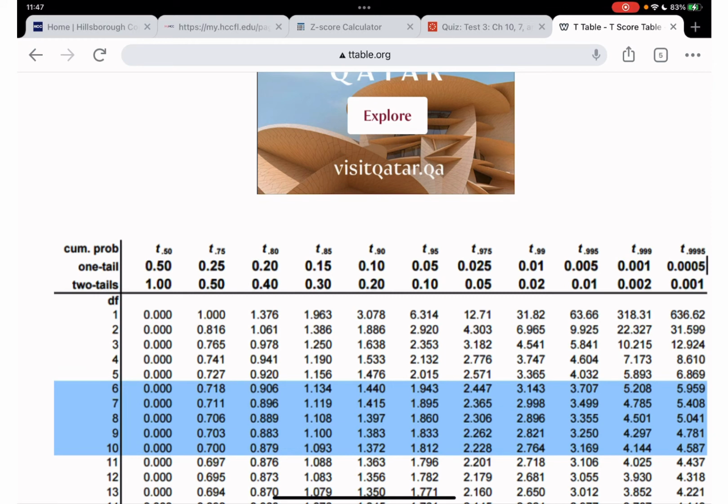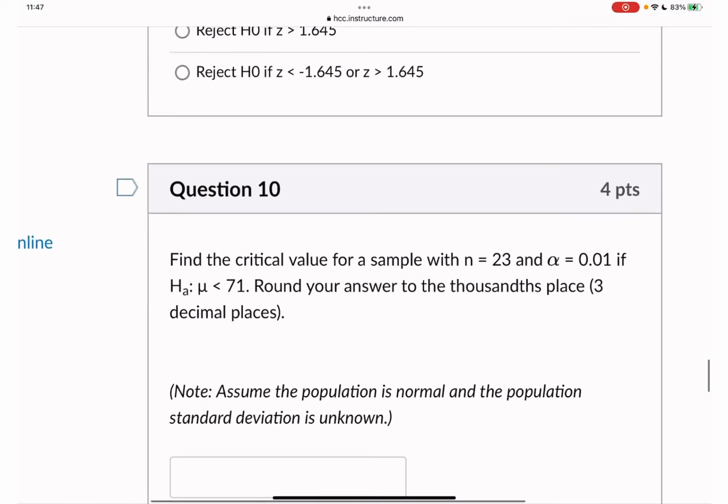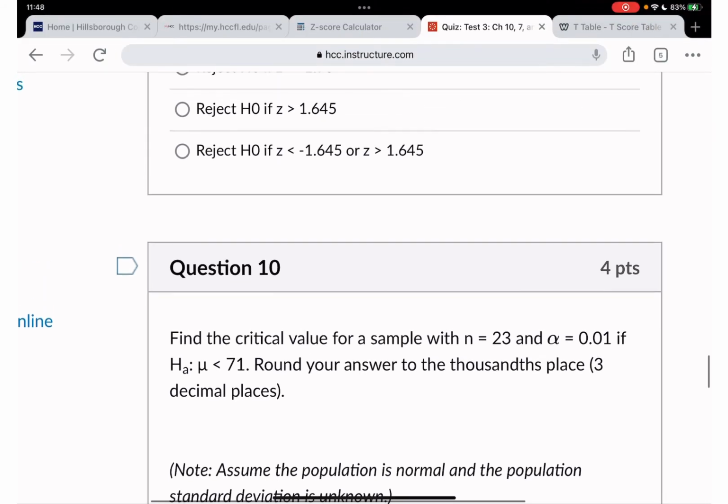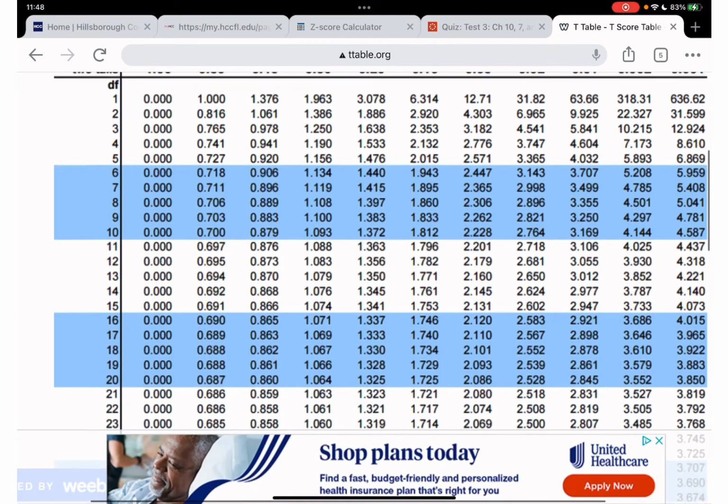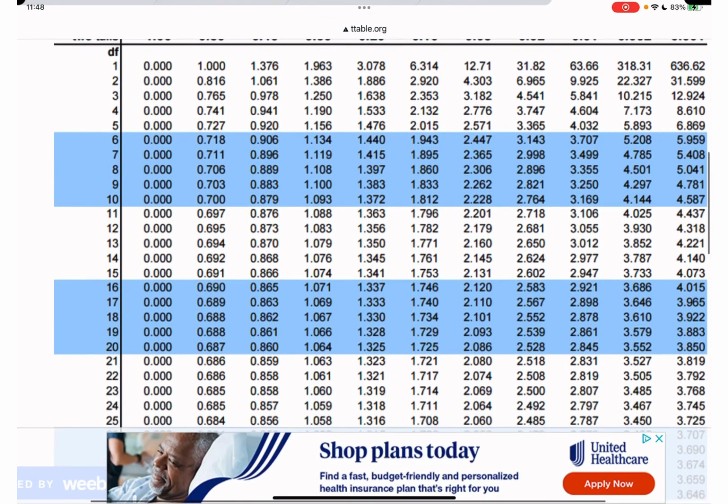So in our case, what do we have? We have less than 71, so we have a left tail. We need our alpha 0.01 and our sample 23. If the sample size is 23, our degree of freedom will be 22. And we need alpha 0.01, one tail. So degree of freedom 22, here it is.